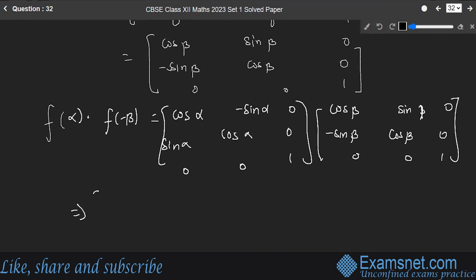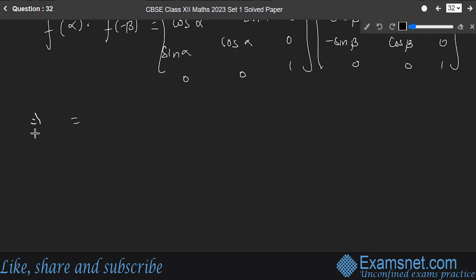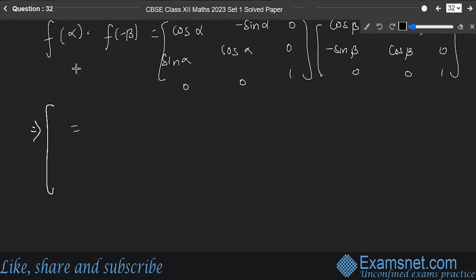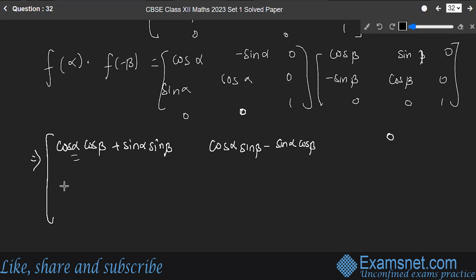Let's multiply. Now it's going to be a bit of a long calculation. You have cos alpha cos beta plus sine alpha sine beta. Here is cos alpha sine beta minus sine alpha cos beta and 0.